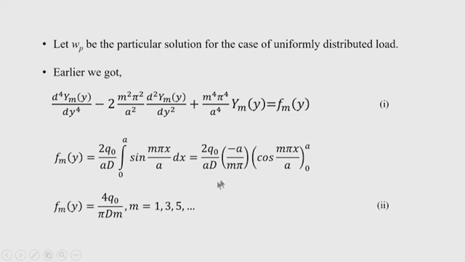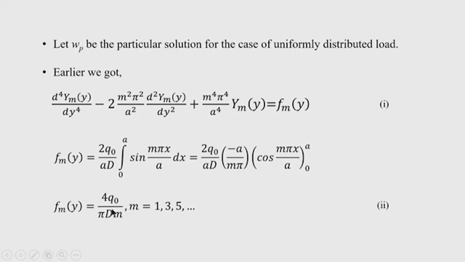For even m, this function will disappear. When m is equal to 2, 4, 6 etcetera, the integration after putting the limit will give you 0 result. So, only the result that is obvious, it is minus 2 when m is an odd number, that is 1, 3, 5 etcetera. Okay. So, we get this f m y as this function.